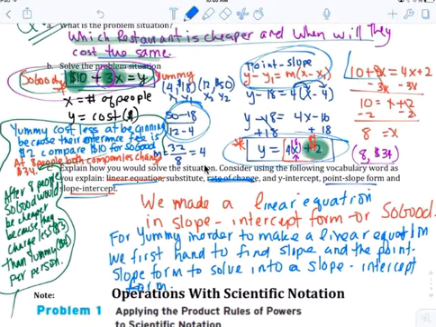Lastly, we use substitution. This is substitution right here. We won't use the y-intercept.